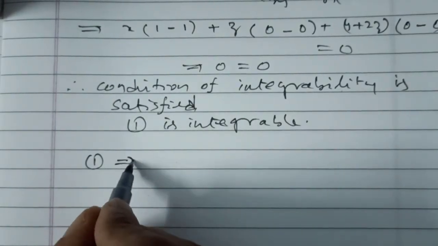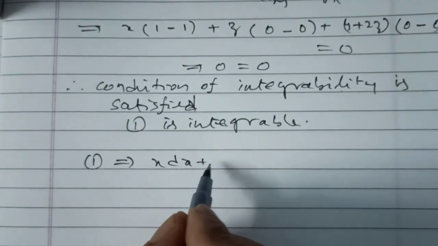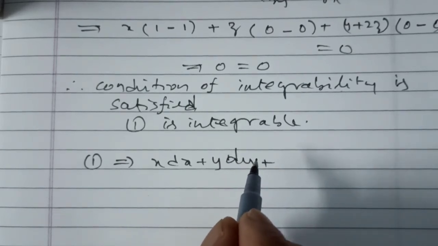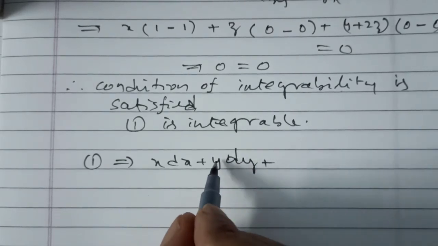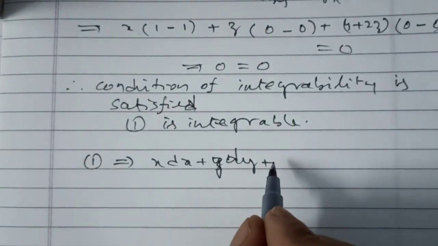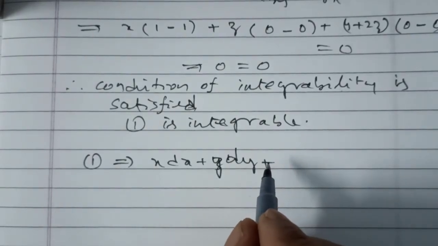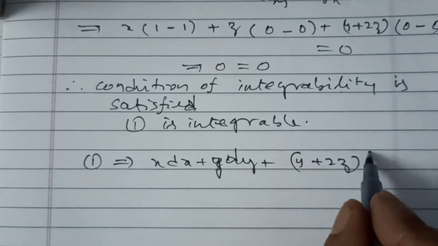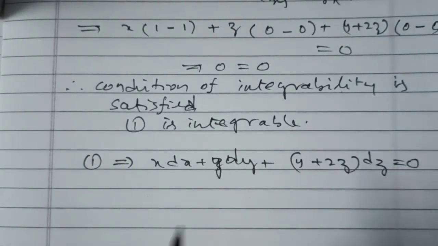From equation 1, x dx plus z dy plus y plus 2z of dz is equal to 0.